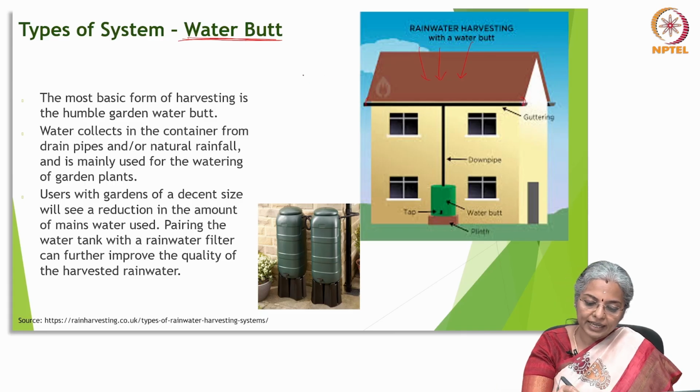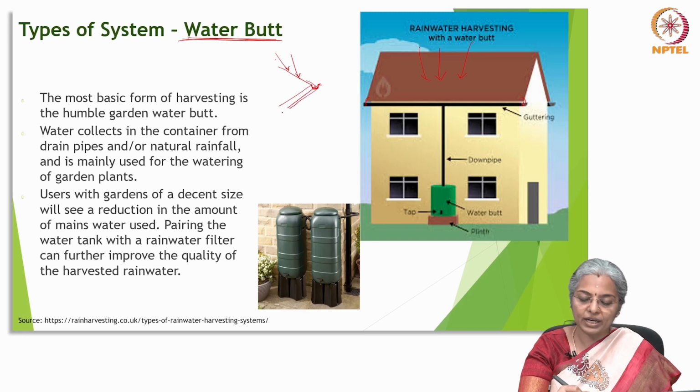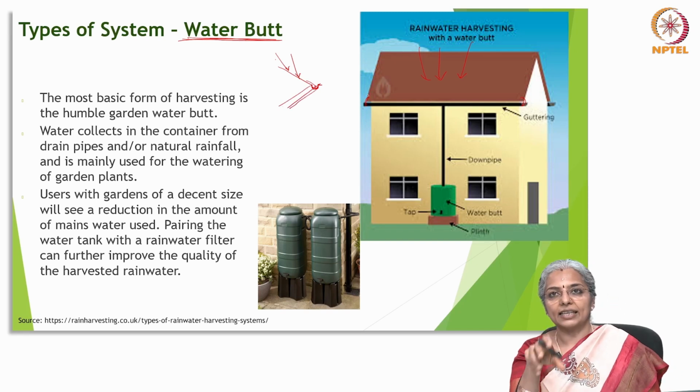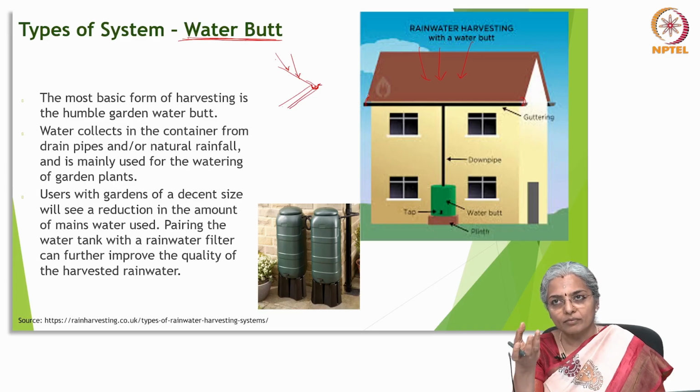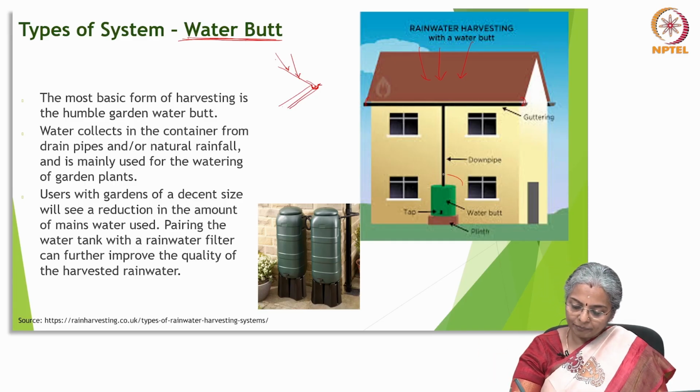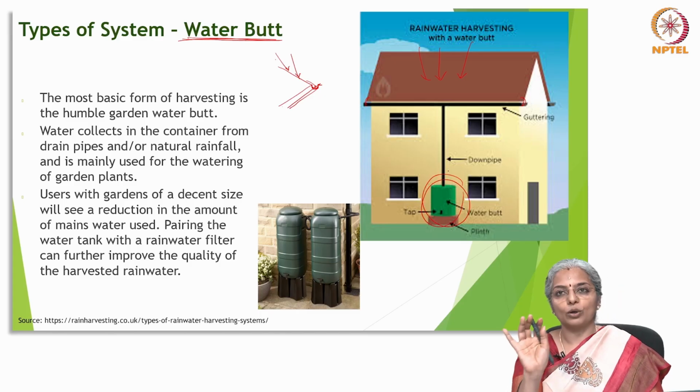The gutter looks like this. If this is the slope of the roof, you have a gutter like this. So, when rain falls like this, the water gets collected and it goes like this through the gutter. There is a gutter which collects this water for it to flow, and then you have a container below. That's it.